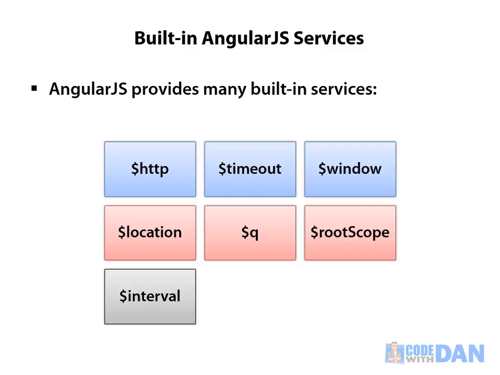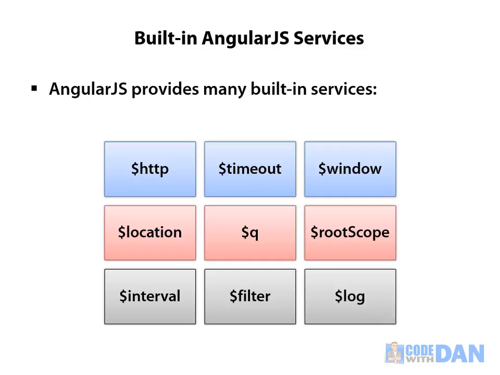So if you'd like a repeating type of timer going, you can use $interval to do that. $filter can be used to programmatically get to any custom filters or others that Angular has that you might want to get to in a controller. And then finally, $log kind of does what it says. You can use this for general logging purposes. Now, this isn't all of the services by any means, but this is a few of the key ones that you might encounter, and we'll talk about a few of these throughout the module.